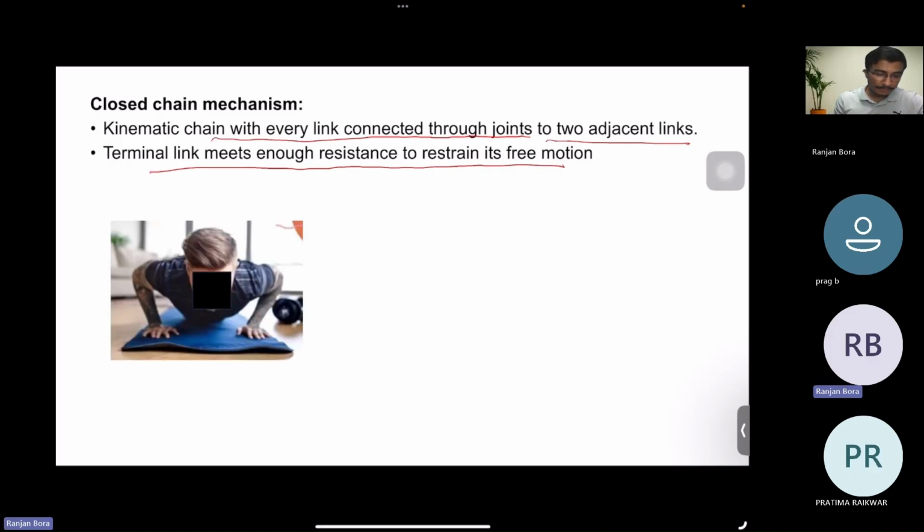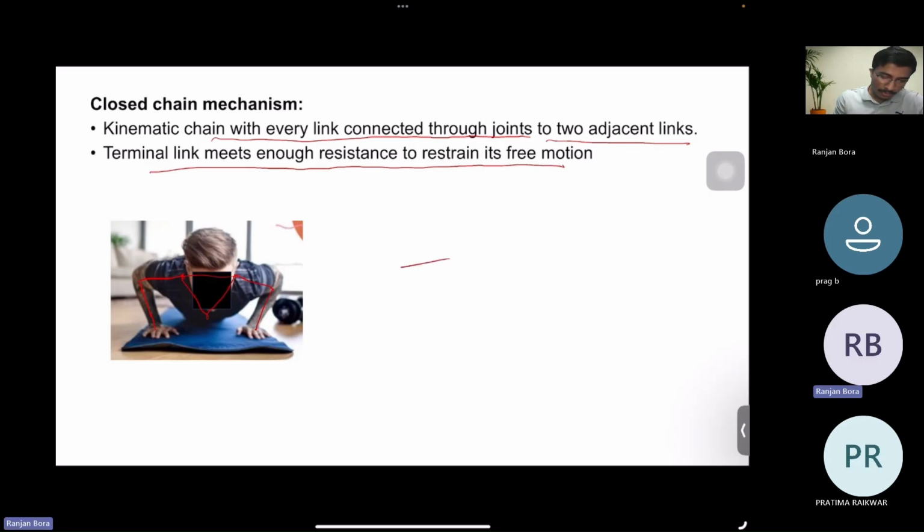So you can see a person doing a push up. It is an example of a closed chain, because you can see these are the terminal links, and we can draw it like a triangle.